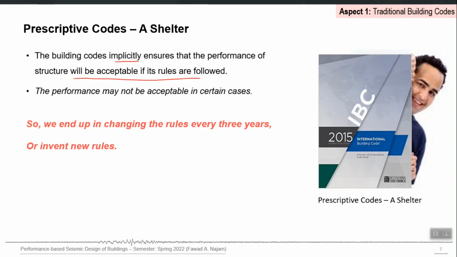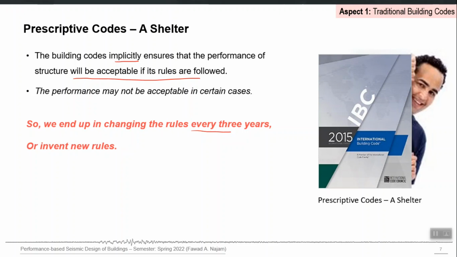The problem is that sometimes the structural performance is not acceptable in certain cases. So what do we do? We end up changing those rules every 3 years or 5 years in some countries. All building codes are improved regularly, on a 3 year, 5 year cycle for example, and whatever is the state of the art research findings at that time, they are incorporated in those limits and rules.